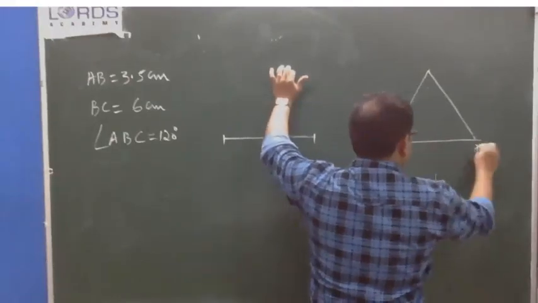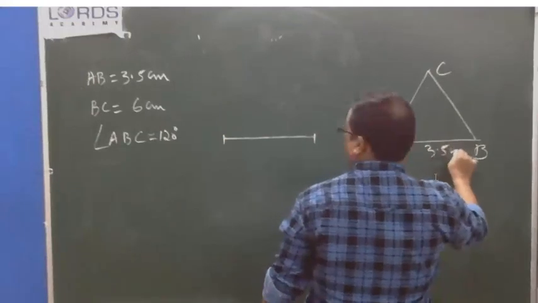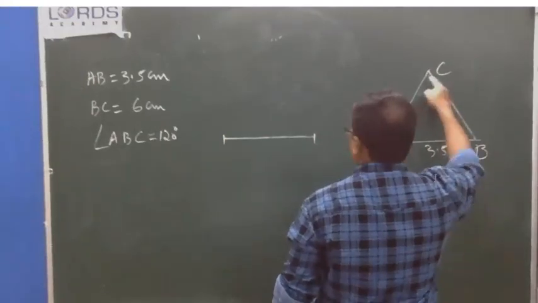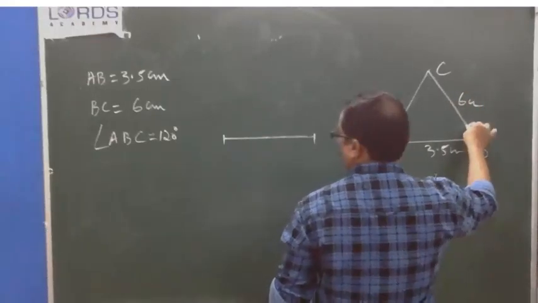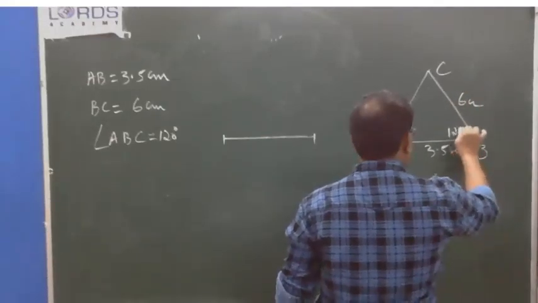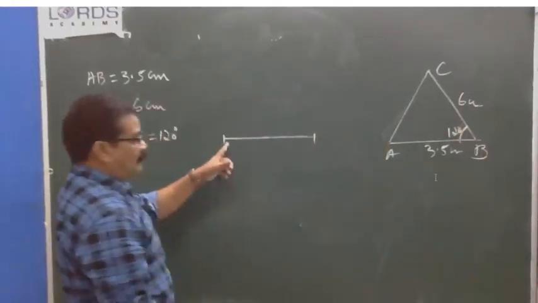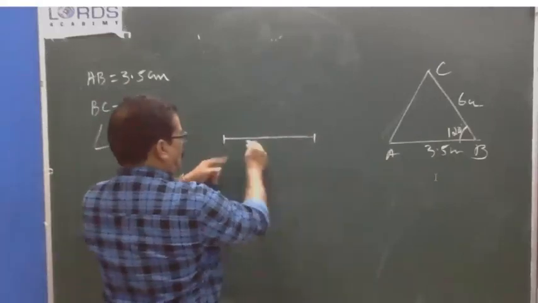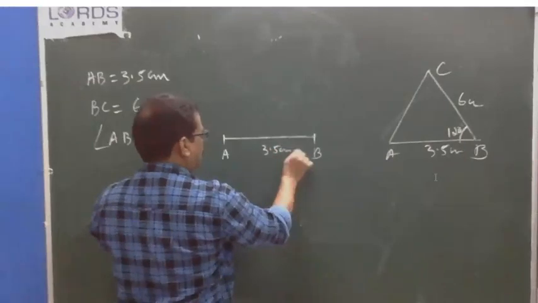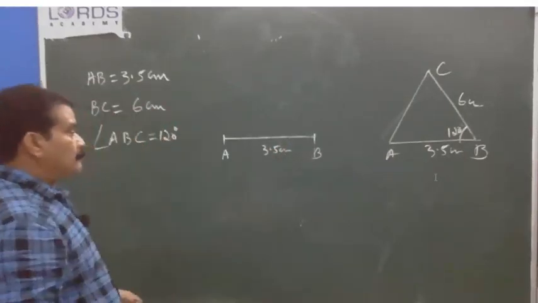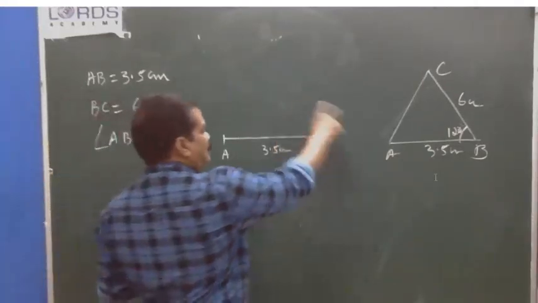ABC, AB is equal to 3.5 centimeter, BC is equal to 6 centimeter, angle ABC is equal to 120 degree. For this, first of all you take 3.5 centimeter AB, and then you construct 120 here.